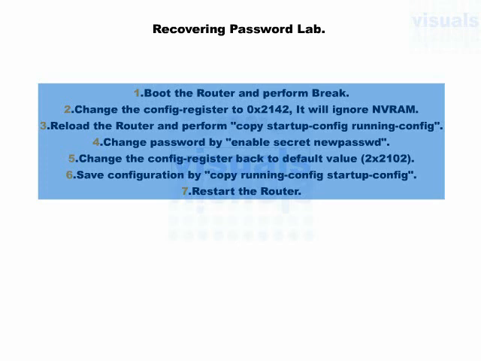I pressed no there. After that I copied my startup config to running configuration. I entered global configuration mode. There I changed my enable secret and entered a new one. Actually, the old one was in my memory, my brain, but I pretended just to perform this lab.